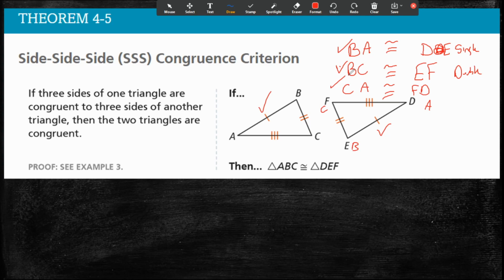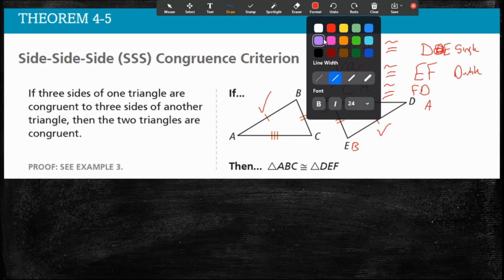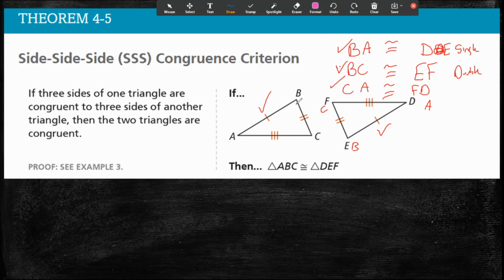Now, if we go back to CPCTC, sorry, corresponding parts of congruent triangles are congruent, what I can then say from there is that if these side lengths are all the same, then that means the angles that are opposite each one that generated them must also be the same.